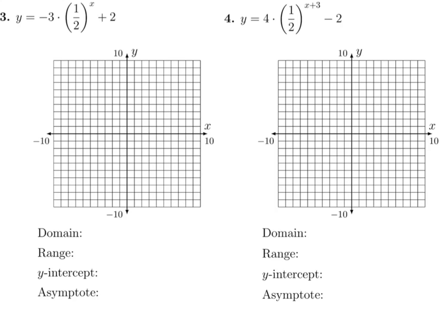Okay, finally we have numbers 3 and 4. Please go ahead and enjoy trying number 3 on your own. I'll wait a few seconds so you can pause the video and then come back to it, check your work. Okay, this one ends in +2, so our asymptote is up at 2.